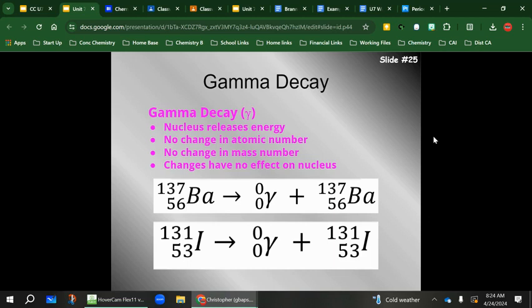Can't give off any more energy. But gamma never changes. In other words, when it gives off energy, it can do it again later on, and again later on, and again later on, because it doesn't actually become anything different. So of the three, this is the one that is, in a way, the most dangerous because it doesn't become anything else. Okay? It doesn't become anything else.